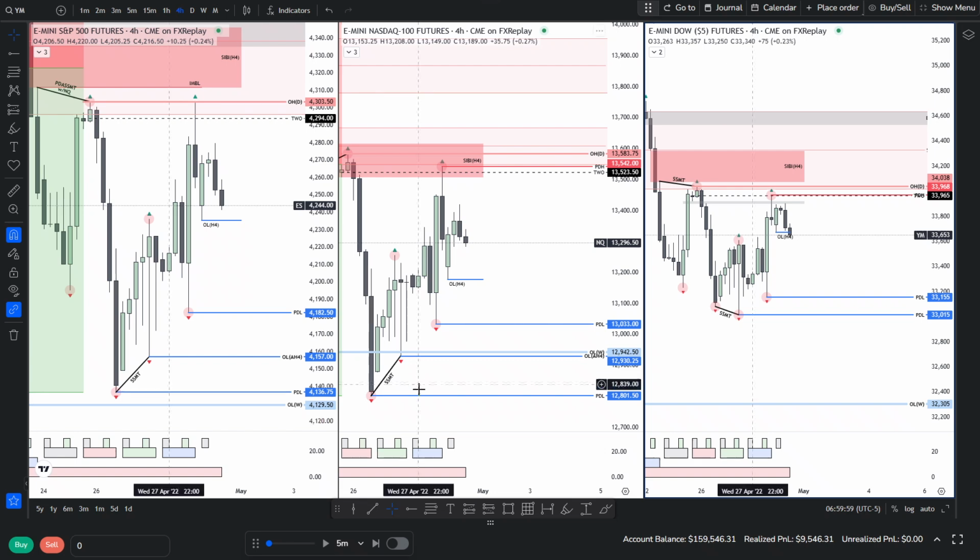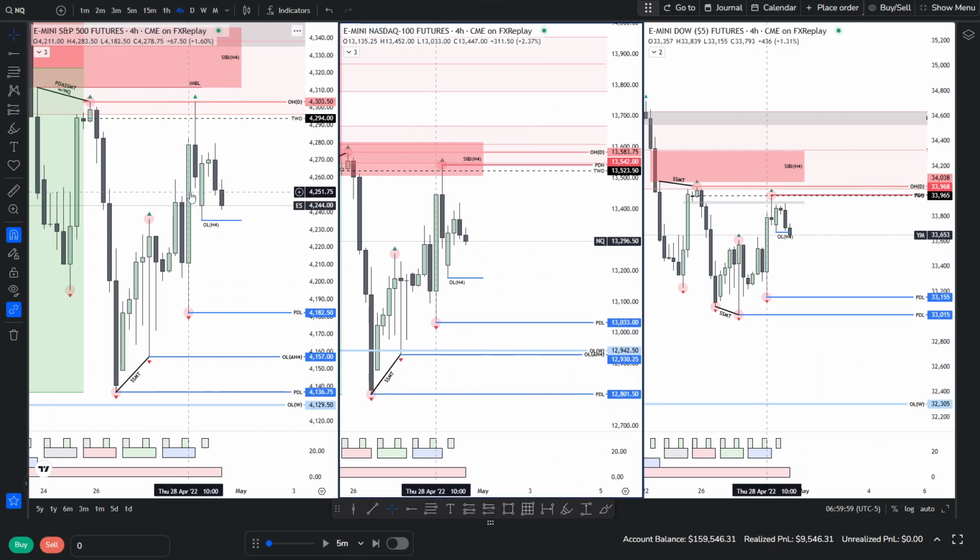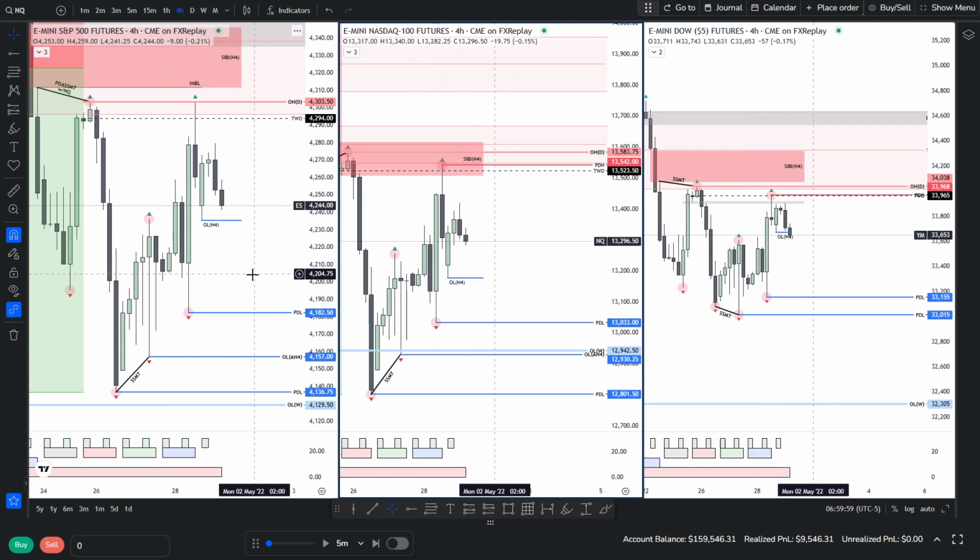Okay, so this imbalance here I'm not that bothered by, reason being there's not one on NQ. Yeah, because there's not one on NQ, I'm not so bothered by the imbalance. Okay, so let's get some notes.